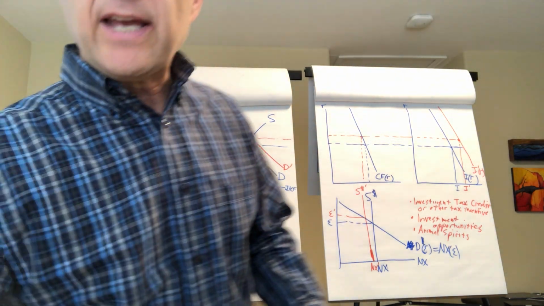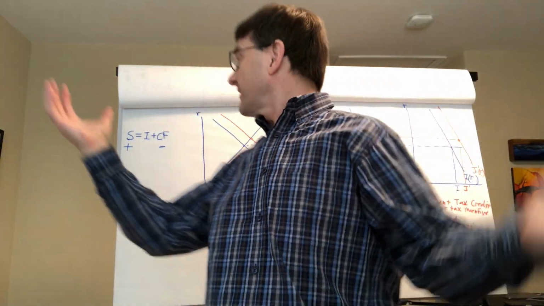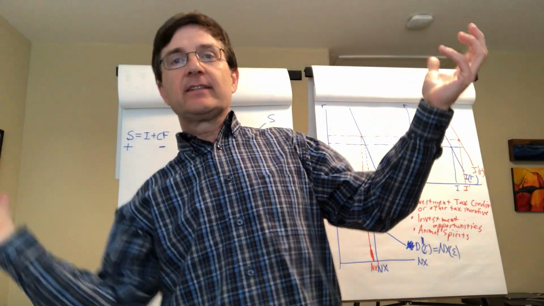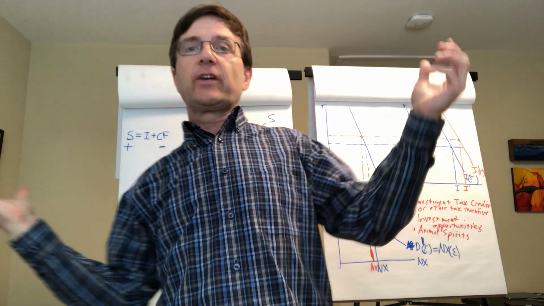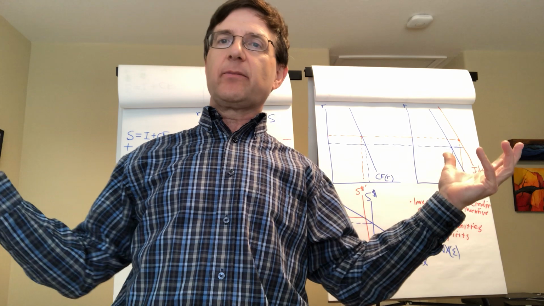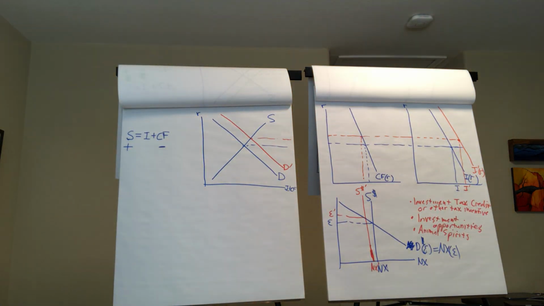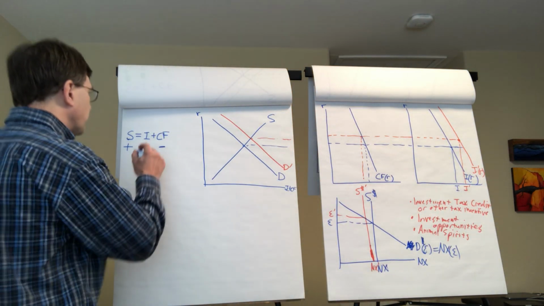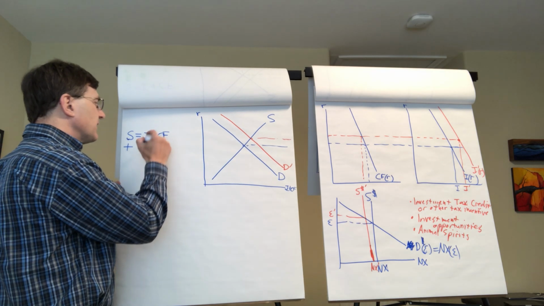And again, let me do my weights here. So saving, heavier. Over here, capital flow is lighter, so something else has to be heavier to balance them out. And what's left to get heavier is, it must be this investment.